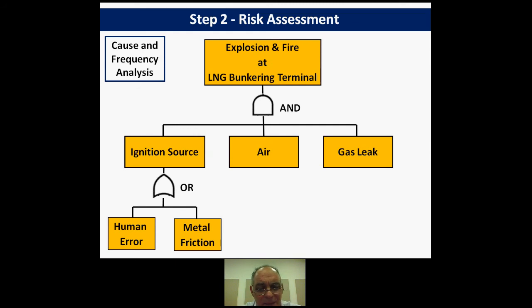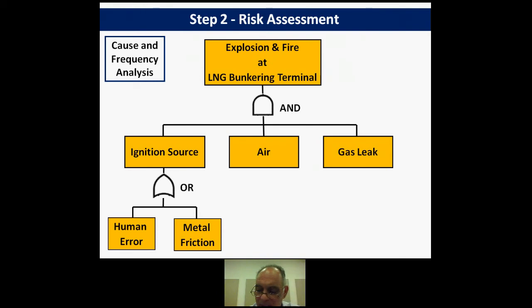We are interested in the most probable scenario, which is that one of them can happen, and knowing the frequency of either the human error or the metal friction occurrence, we can decide the probability of the presence of the ignition source in the area.